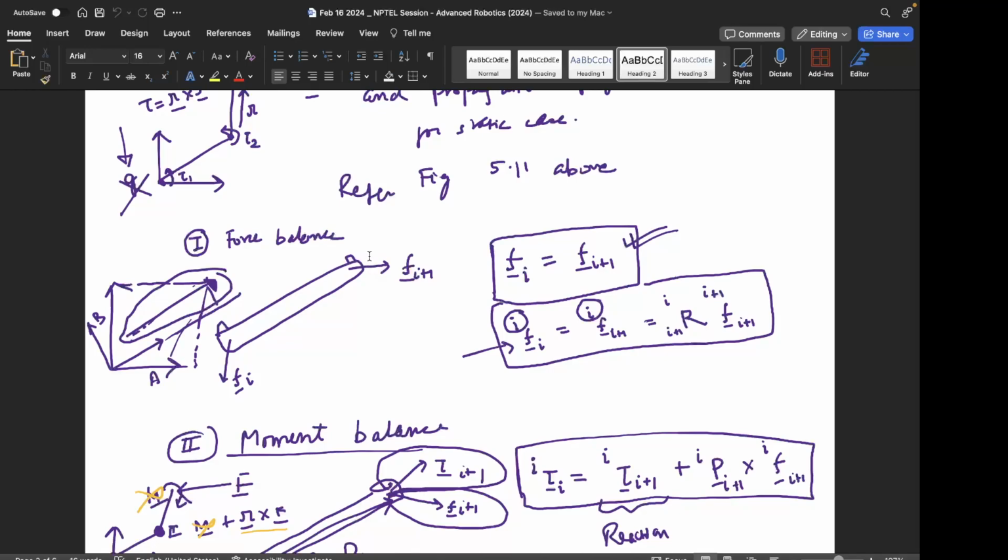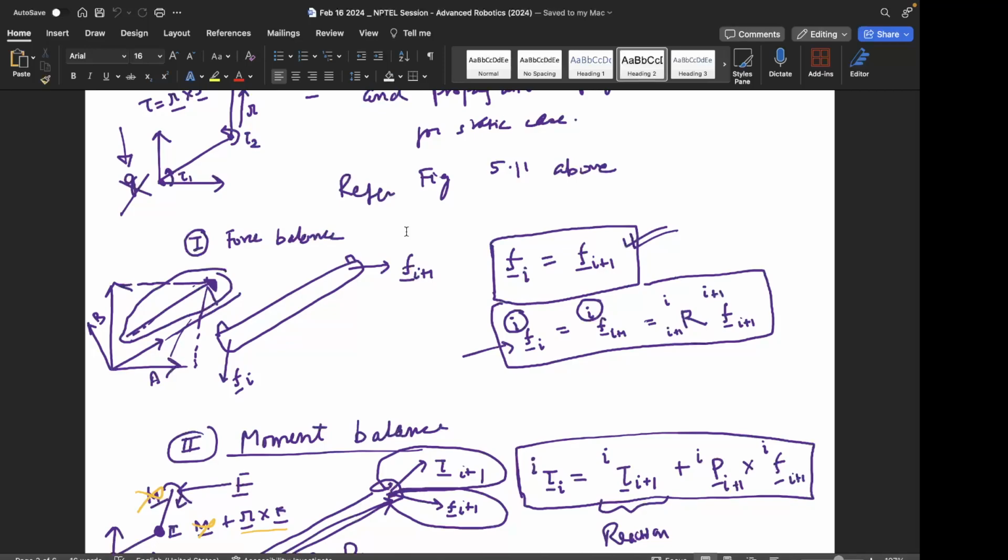So indirectly what I'm saying is that, let's say I'm applying plus F on the I plus 1 link. Is it clear now, better now?